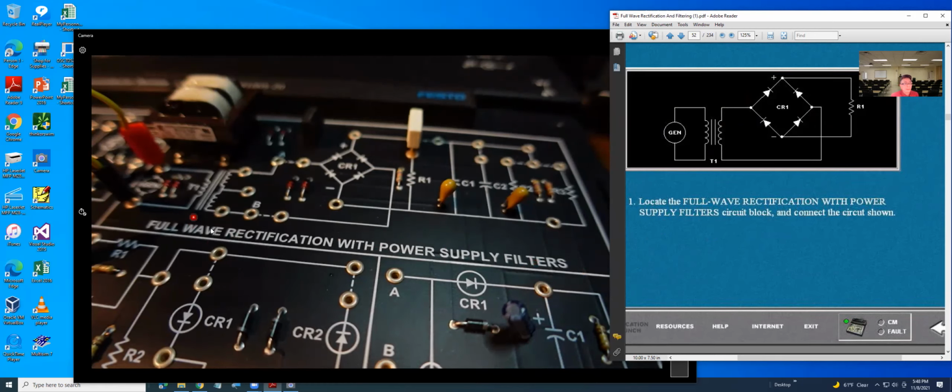That is the one here. And they want to connect the circuit.